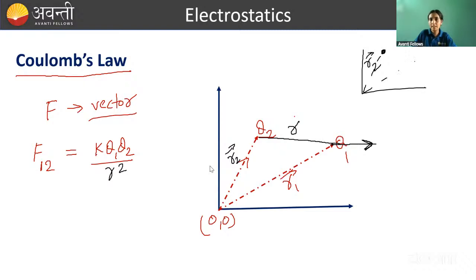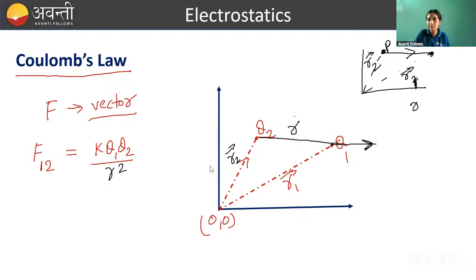And finally our particle is somewhere here at R1 position vector. So initially particle was here at R2 position vector. Finally, particle is at R1 position vector. So displacement of this particle is in this direction, and displacement को हम कैसे लिखते हैं? Final vector minus initial vector.